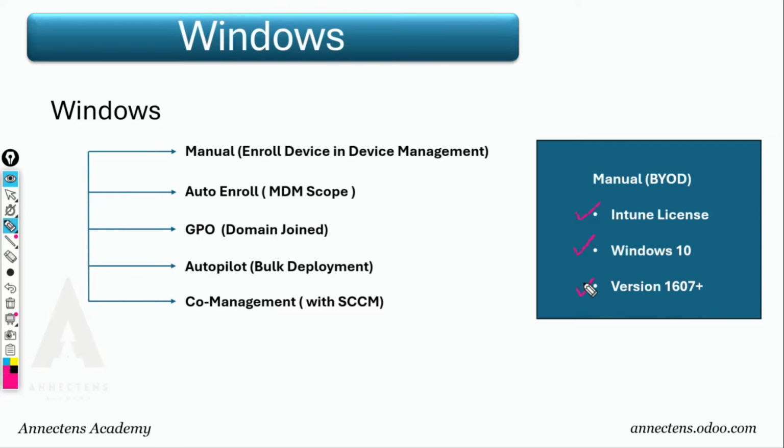If you are doing Windows 11, of course everyone has now upgraded, but some organizations are still on Windows 10, they are very small, or they require it for some reason, so not to worry about it. What we require is a version called 1607 or later. So ensure that we are meeting this criteria. If this criteria is fulfilled, you will be able to enroll the device manually.